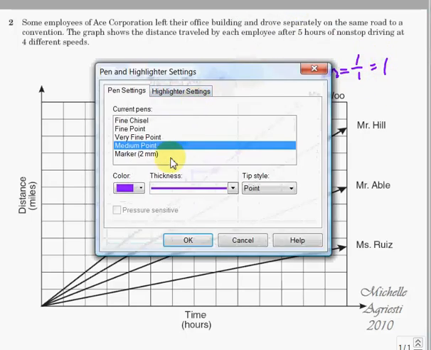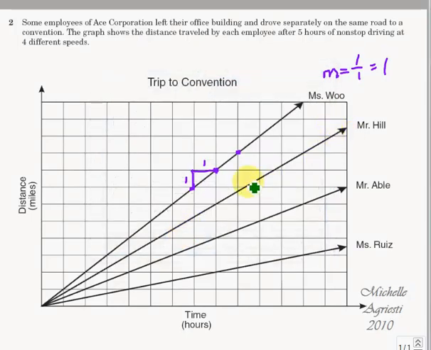Mr. Hill, let's change colors for him. Mr. Hill, let's see, here's a good spot, and here's a good spot. My rise looks like it will be 3, and my run is 4. So for Mr. Hill, 3/4.